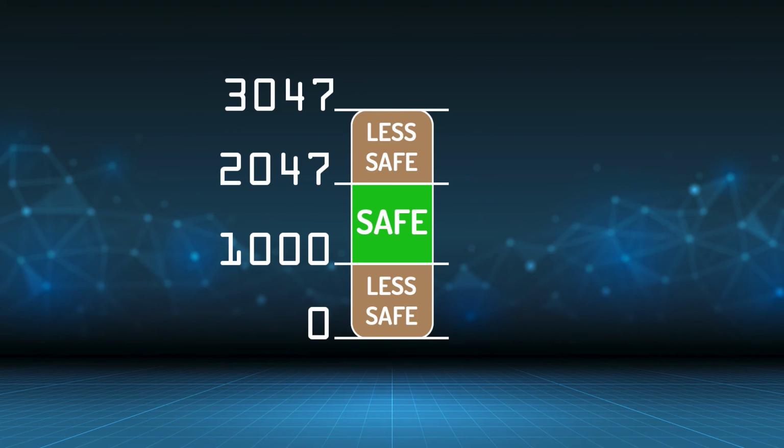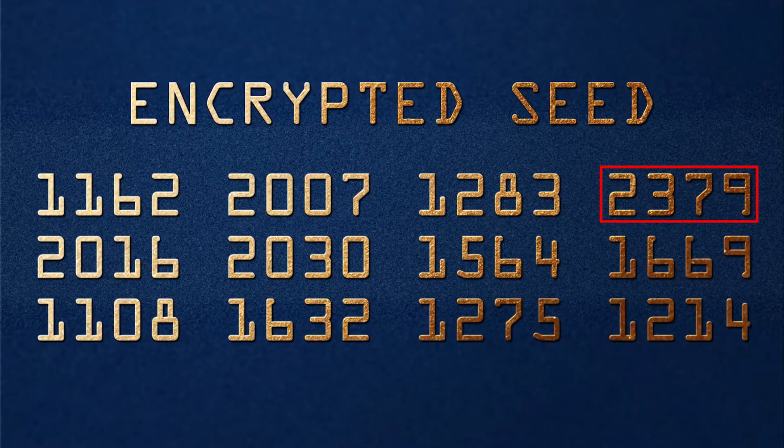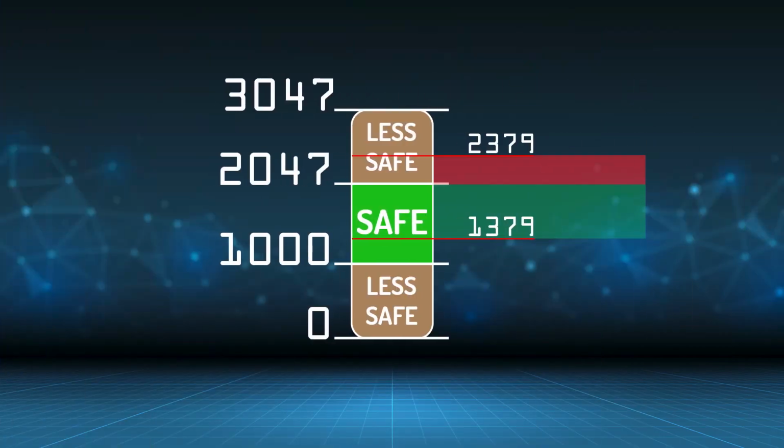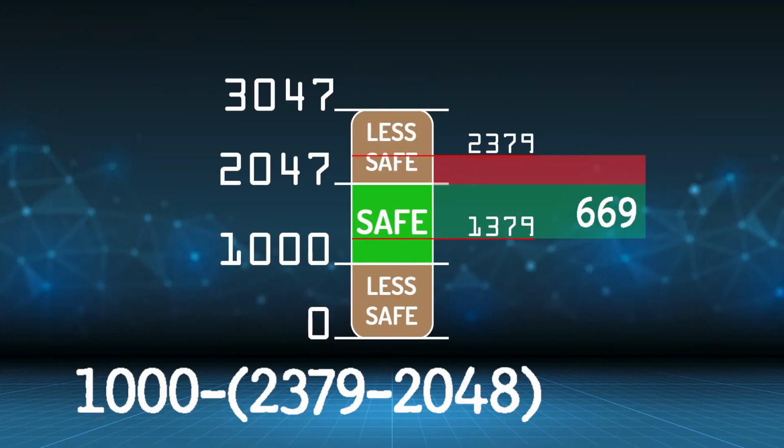Since it is not possible for a seed to have a number above 2047 or below 0, and because our encryption process adds up to 1000, it removes part of its strength for each slot above 2047 or below 1000, as we can see in our case here with 2379. 2379 has only 669 possible solutions because we know the number on this slot can only be above 331.